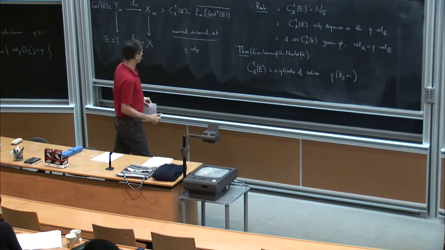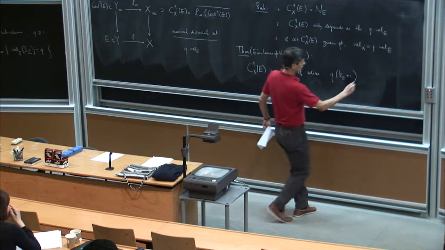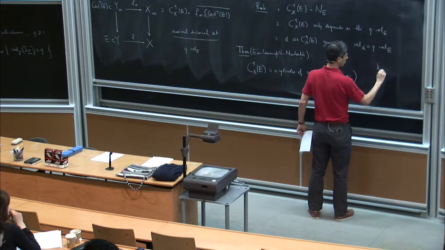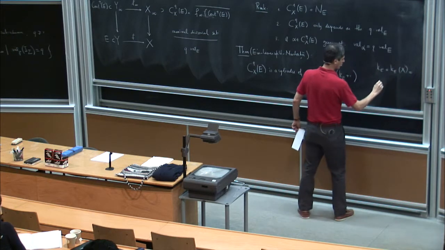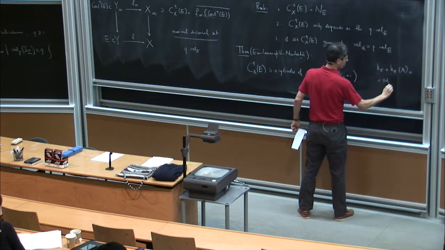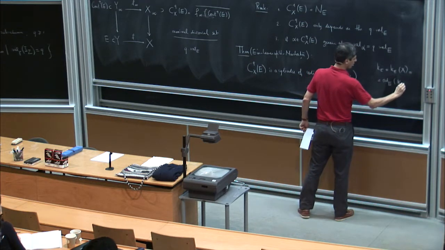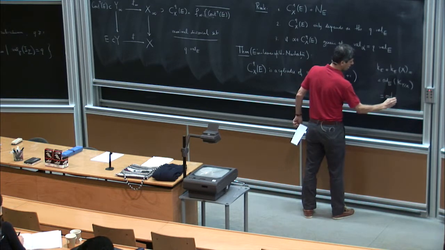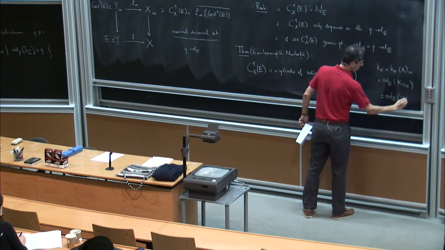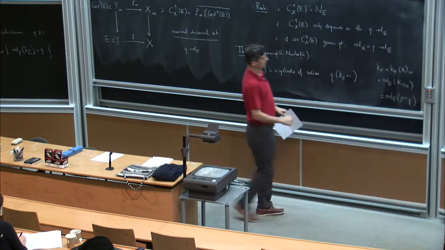So let me remind you what K_E is. Here K_E, also denoted by K_E over X, is just the discrepancy. So it's just the order along E of the relative canonical divisor, which in this case is really the order along E of the Jacobian of the resolution.